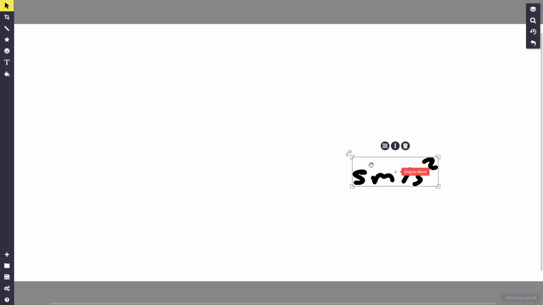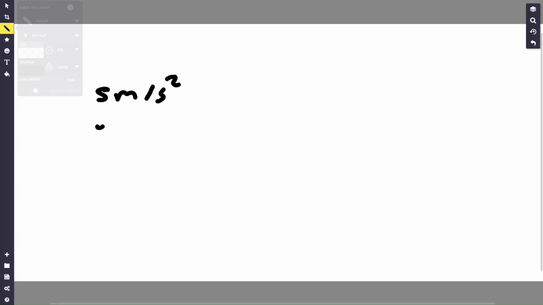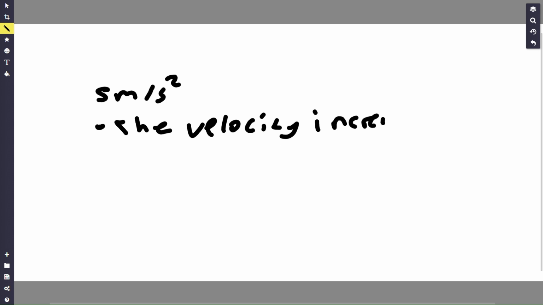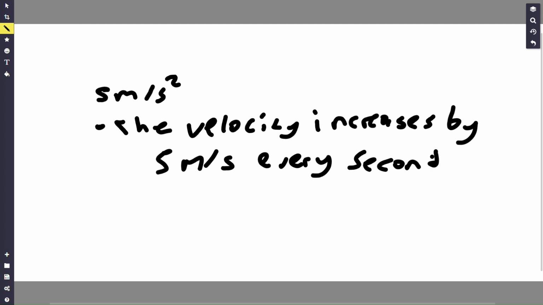This 5 meters per second squared that we have here means the velocity of our object increases by 5 meters per second every second.